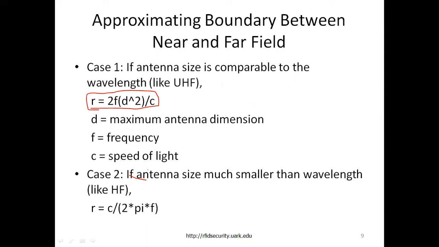In case two, if the antenna size is much smaller than the wavelength, then we call it high frequency, and for the radius we can use this formula. If the antenna size is smaller, I guess we can say the radius must be larger because of the wavelength, but it depends on the case.